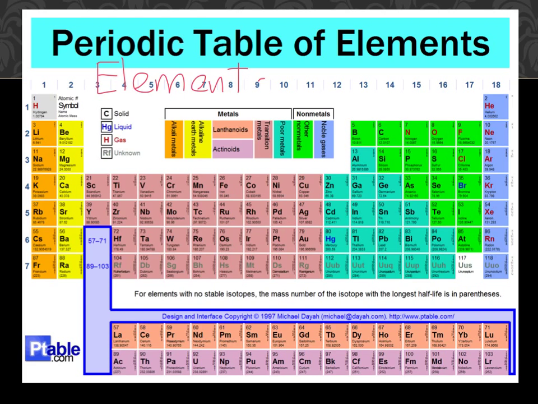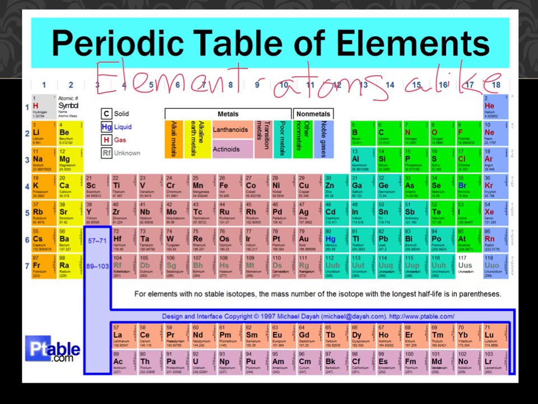In fact, all atoms have to have the same number of protons in order to be the same element. If they have a different number of protons, it's a different element, and therefore it has different physical properties and characteristics.